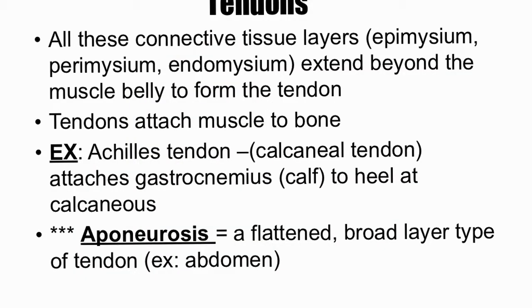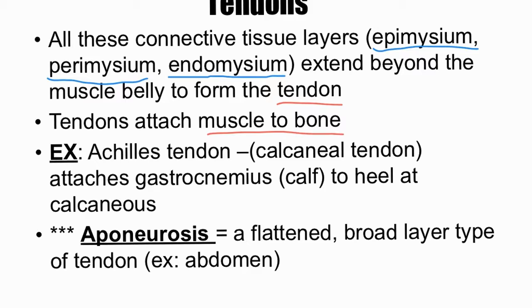All right, so now these connective tissue layers, remember from superficial to deep: epimysium, perimysium, endomysium. Endo always means inside. All three layers come together past the muscle, and that's what forms the tendon to attach that muscle to the bone.